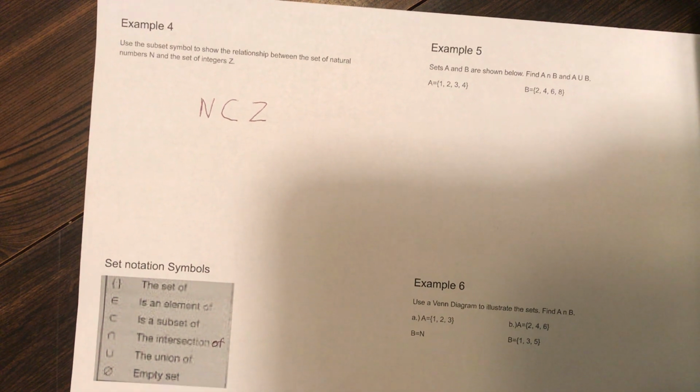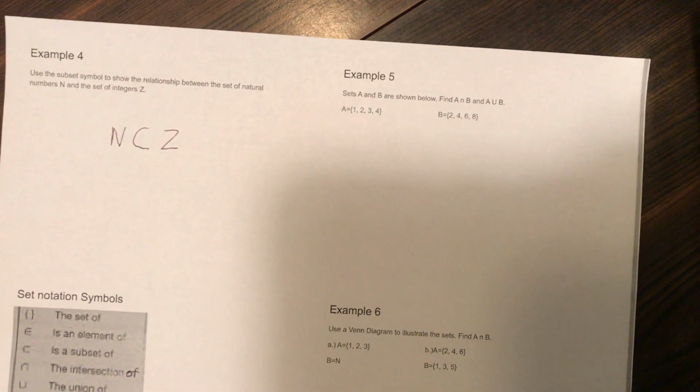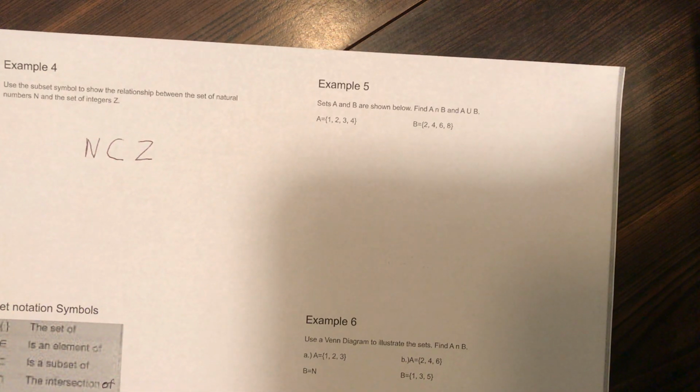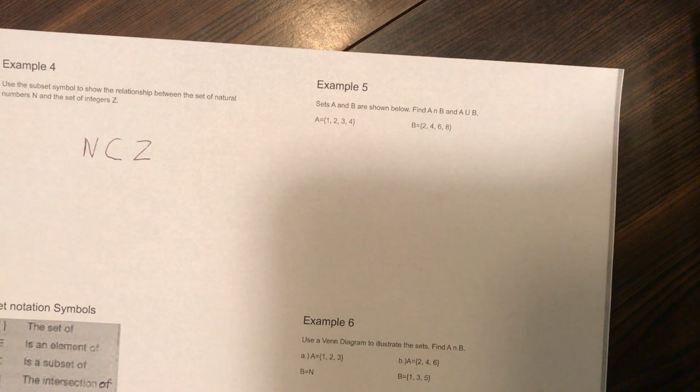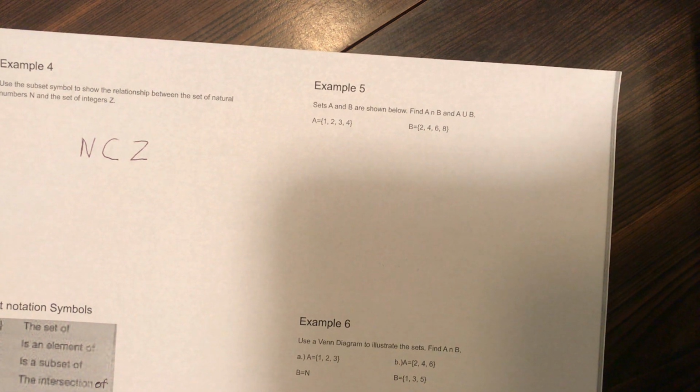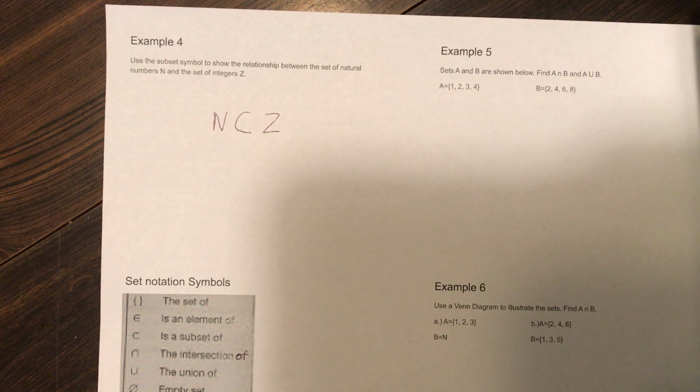Okay. So going to 5, it says set A and B are shown below. Find A ∩ B, and find A ∪ B. So this ∩, going back, is the intersection of.